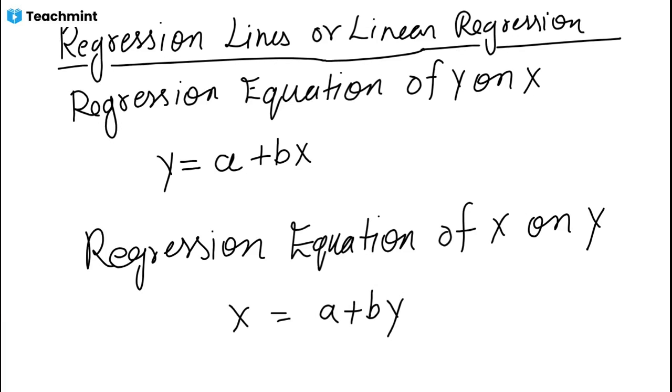If you have the means of both, and the standard deviations and correlation coefficient, in that condition they'll give you direct values.